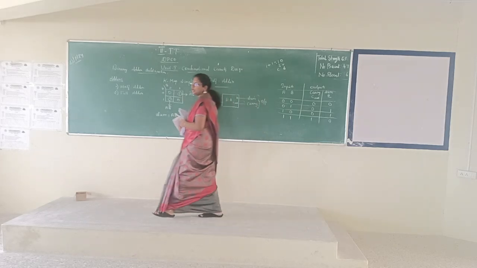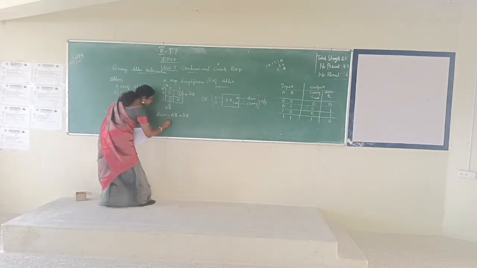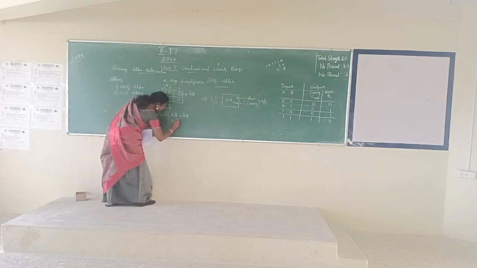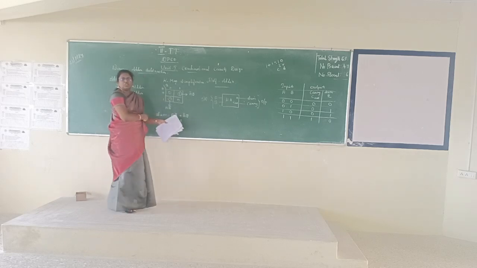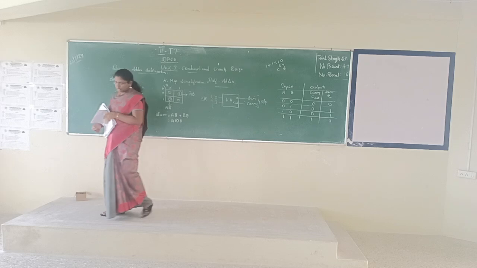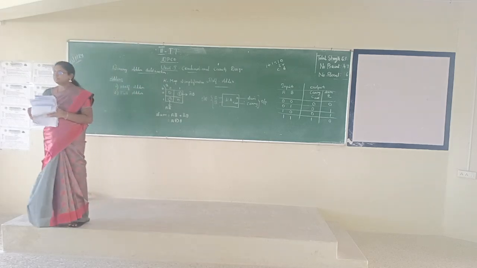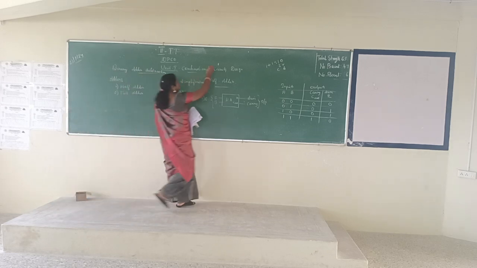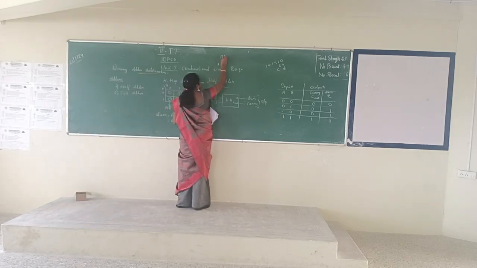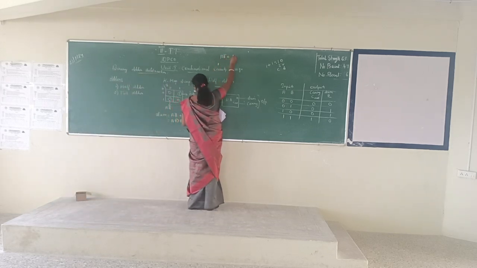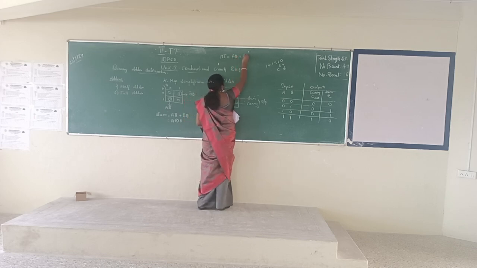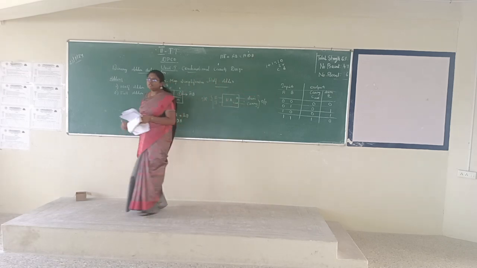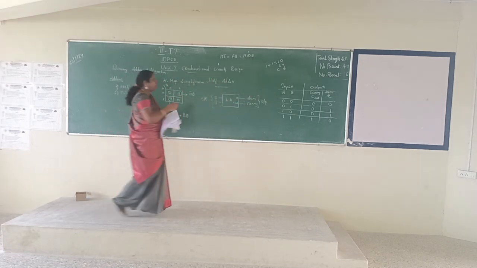So A XOR B. So we saw this in the starting, right? So keep that in mind. A B bar plus A bar B is equal to A XOR B, right?